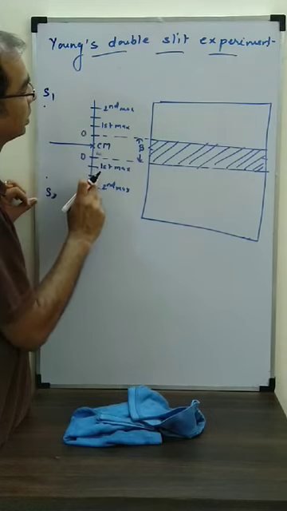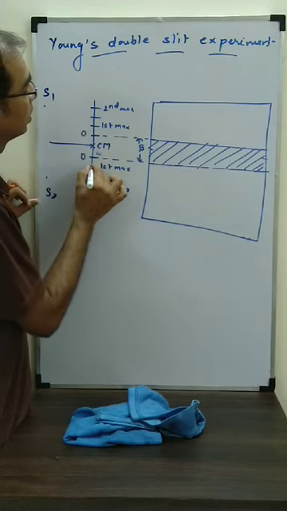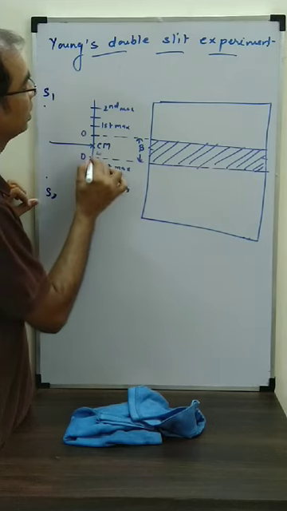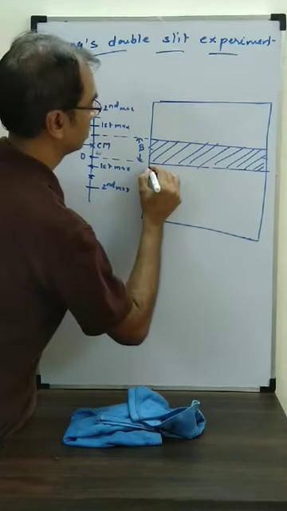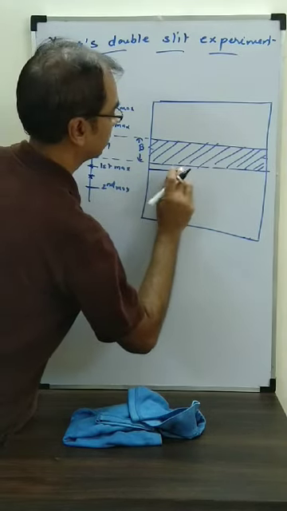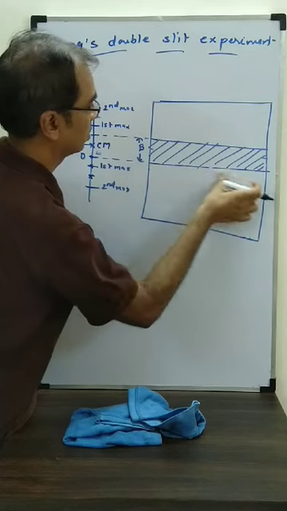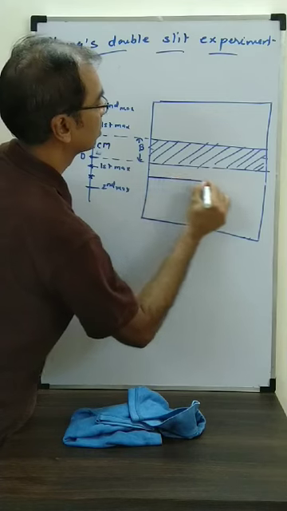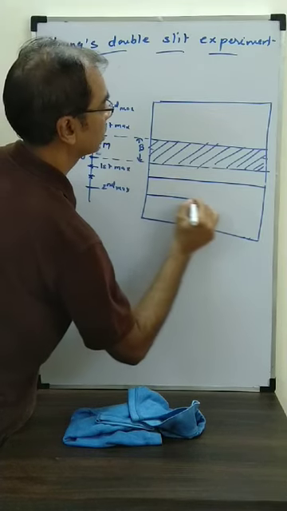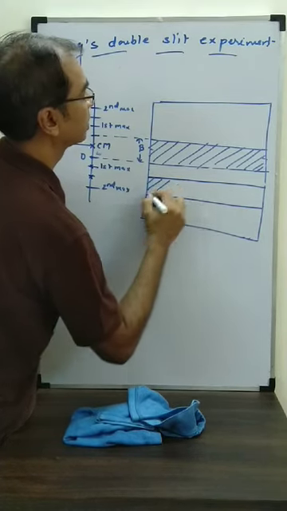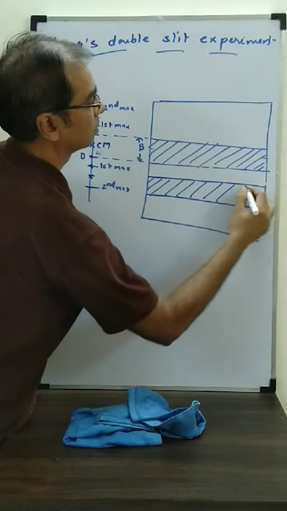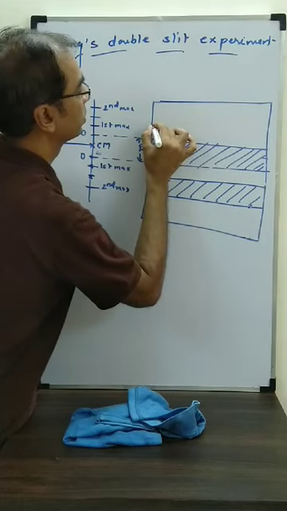From here maximum intensity will start, from here 0, and this is maximum. Something like this, there will be max, and again here also.